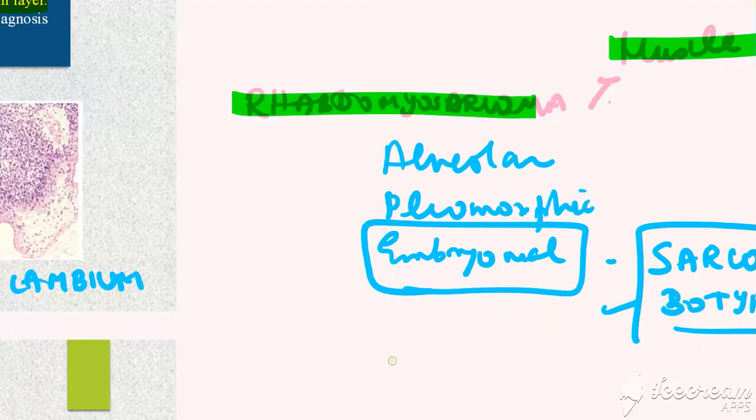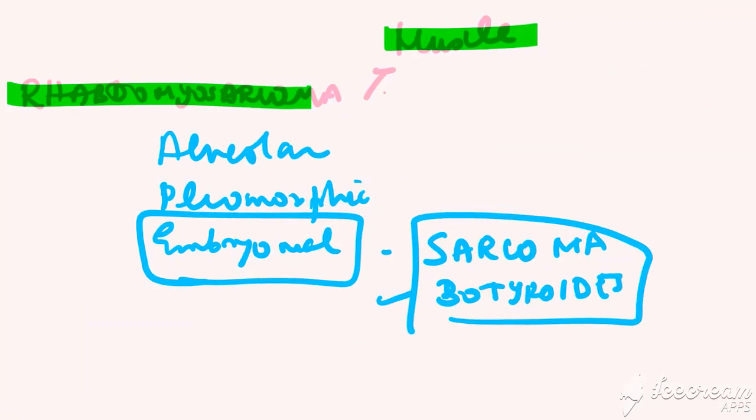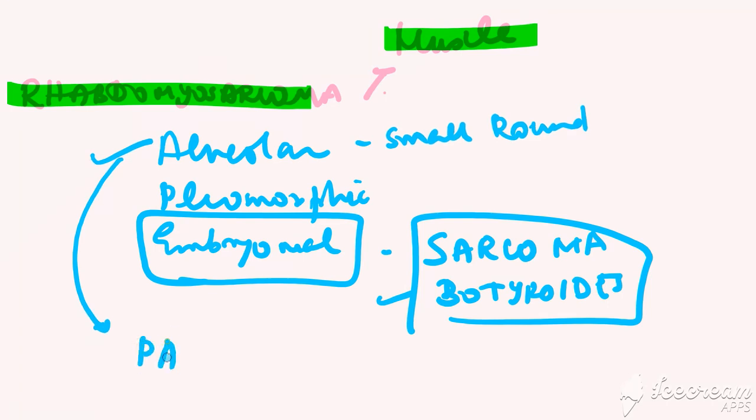One point I have to add here is that you all would have heard about small round blue cell tumors, like your primitive neuroectodermal tumors and lymphomas. Alveolar rhabdomyosarcoma is also a small round blue cell tumor, and it has a translocation which is positive in this condition, called PAX3/7-FOXO1 translocation.